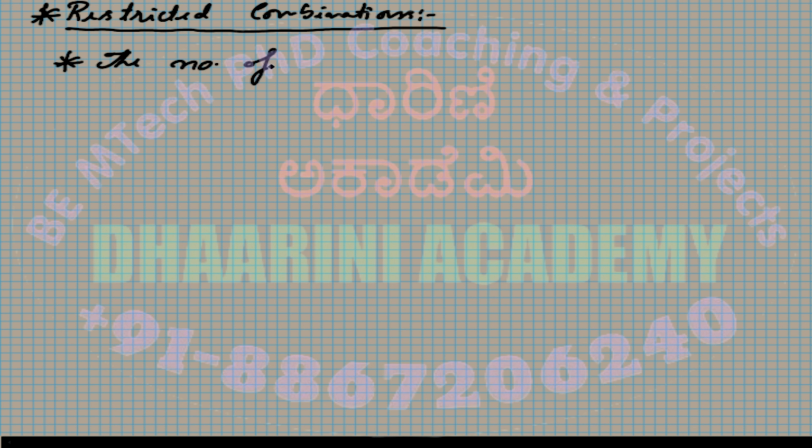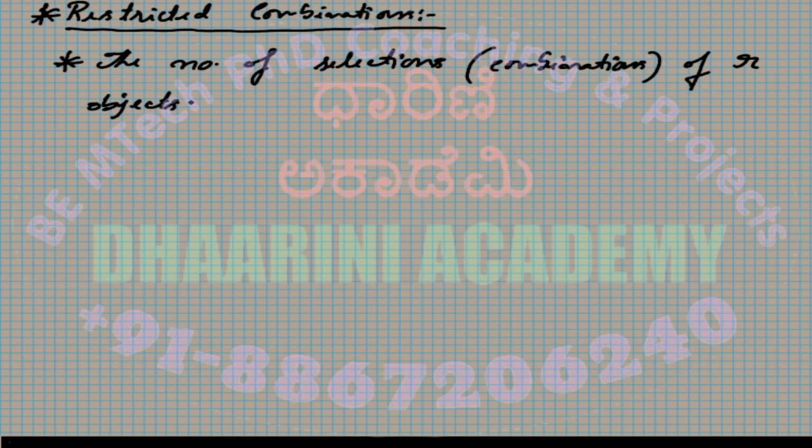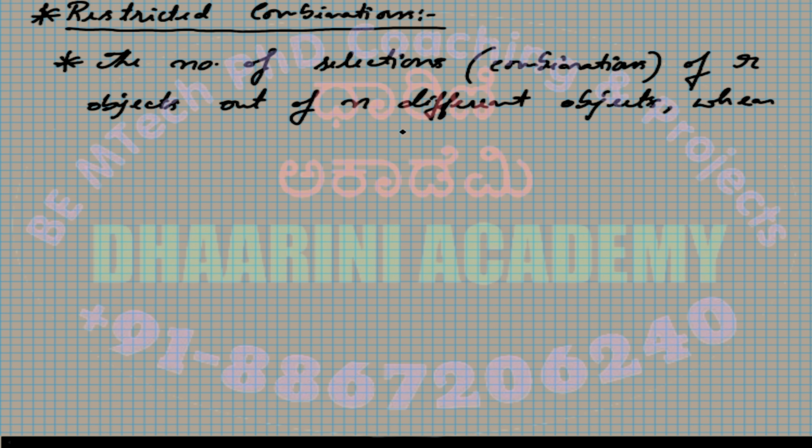The number of selections, in the sense combinations, of r different objects out of n different objects when, so this is part A, or the first half, k particular items or objects are always included.